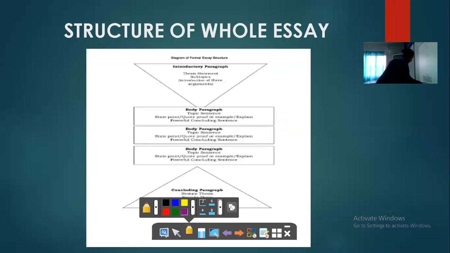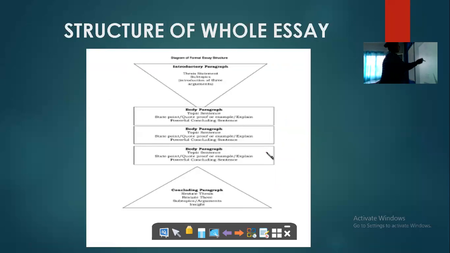Then what I've just discussed is presented in a diagram this way. That is why the writing can be presented this way, because the wider part of the triangle represents a broad idea. So this is the big or broad idea that begins the essay.